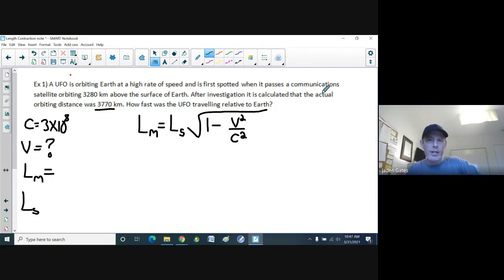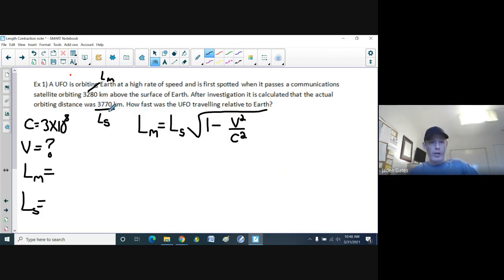The first is that the actual number, just like the comet where it was actually 2,800.56 meters, is our Ls, which then means this is our Lm, because this is when it's first spotted and moving. Then after investigation, they figure out what the actual distance was.